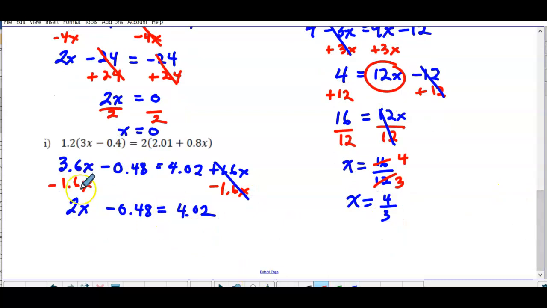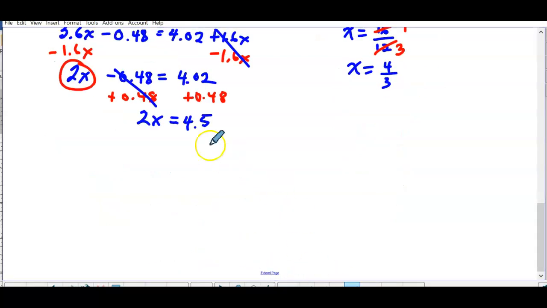Then I'm going to add 0.48 to both sides. That goes to 0, so I get 2x equals. And when I add 4.02 plus 0.48, I get 4.5.